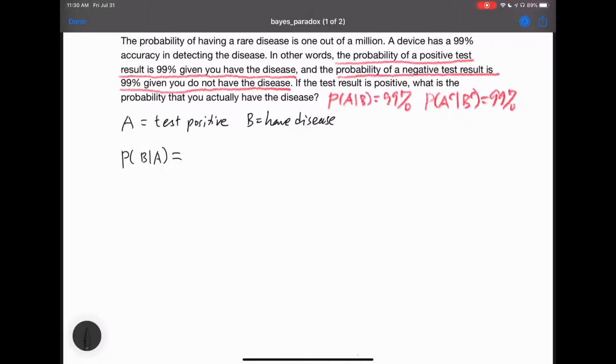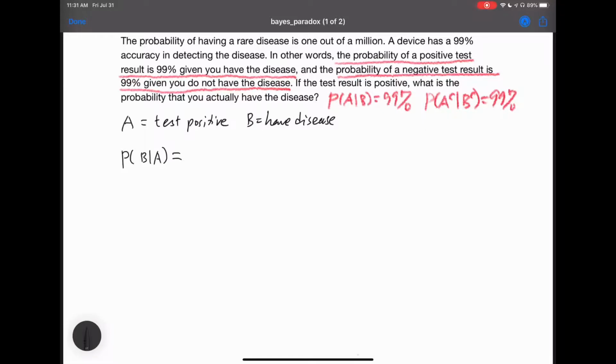So let's calculate the probability of B given A. This is where the Bayes formula is useful. It can reverse the conditioning. Let's first calculate the P of B given A using the definition of a conditional probability.